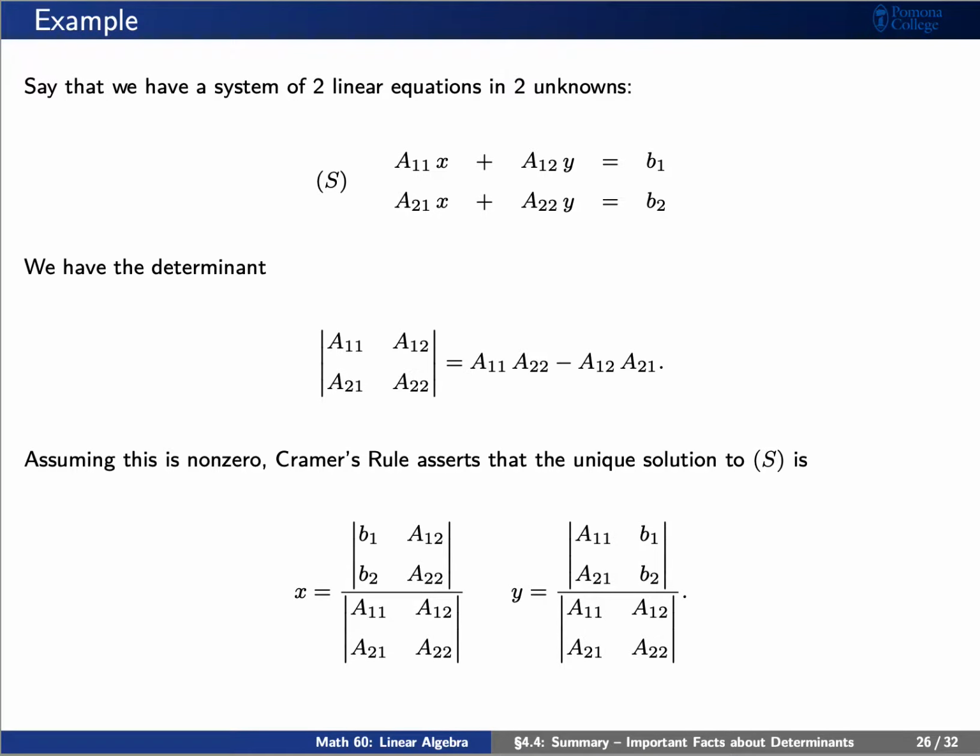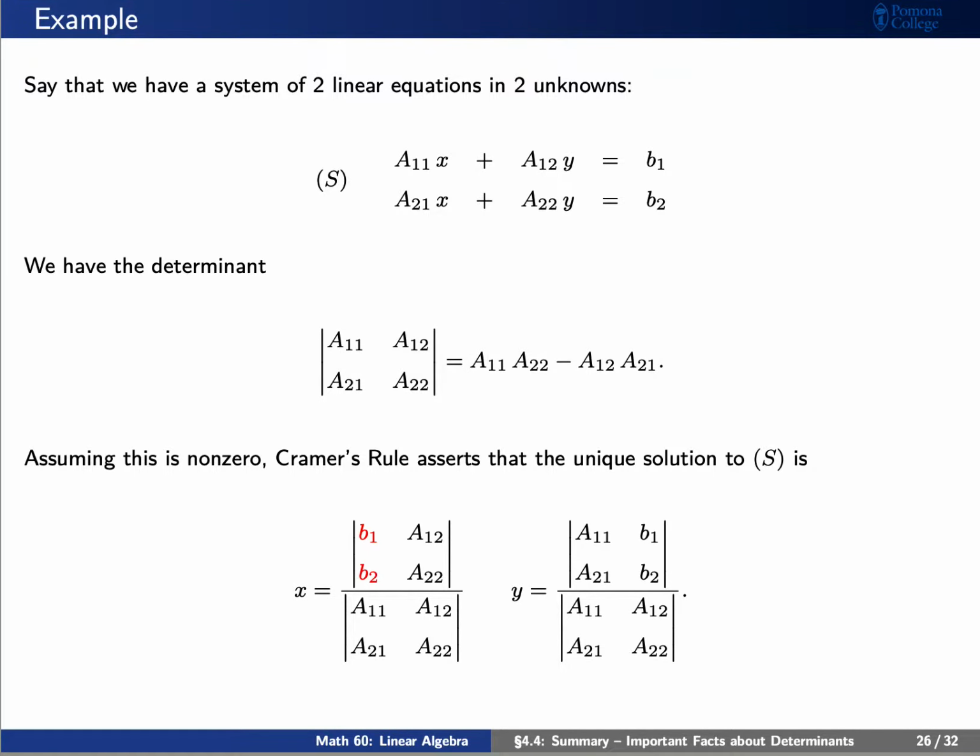Assuming that this determinant is non-zero, Cramer's rule asserts that the unique solution is as you see here on your screen for x and y. You'll notice that the denominators are just the determinant of A, but for the numerators, they're a little bit different. For x, we've replaced the first column with the scalars b1 and b2, and for y, we've replaced the second column with b1 and b2.